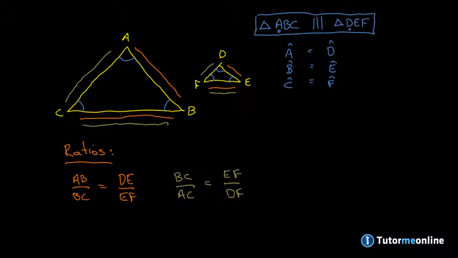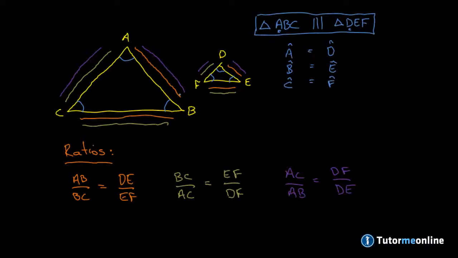And then finally we can also deduce that AC over AB would then be equal to DF over DE.